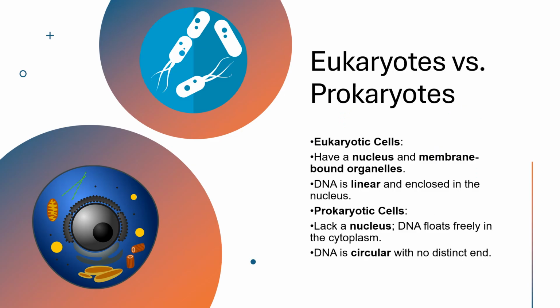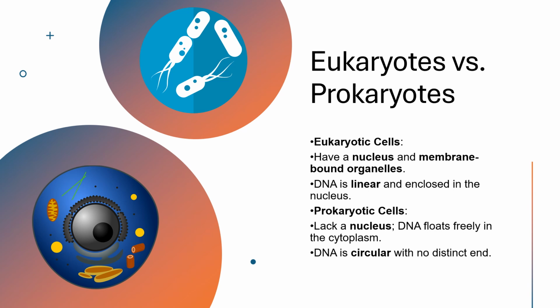Okay, so let's do a little bit of a recap and add a couple of things here and there. Eukaryotes versus prokaryotes. Eukaryotic cells have a nucleus and membrane-bound organelles. Their DNA is linear and is enclosed by a nucleus.